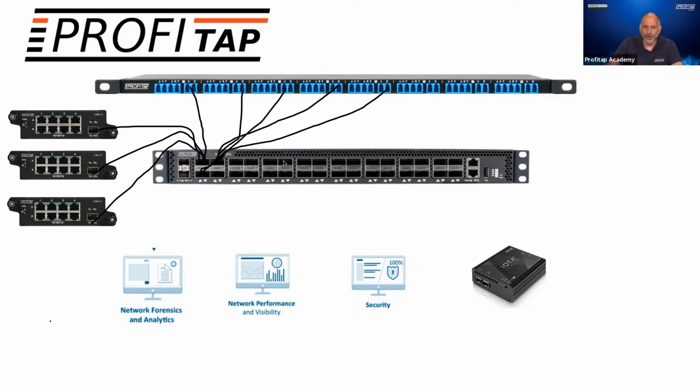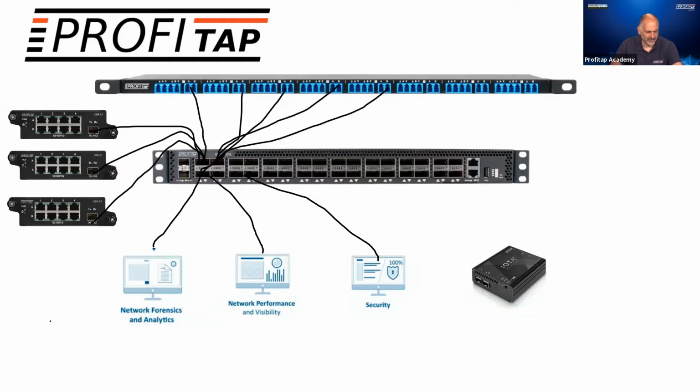So with our packet broker in the middle, I can now come in and start choosing my outputs. And these don't have to be in any particular location on here, but I'm just going to grab this bottom port right here. So I could send traffic out to my network forensics and analytics. I could send traffic out to my network performance and visibility. I could come over here.